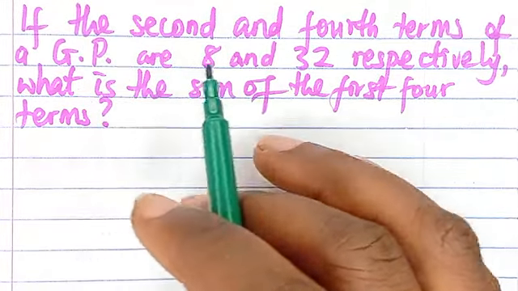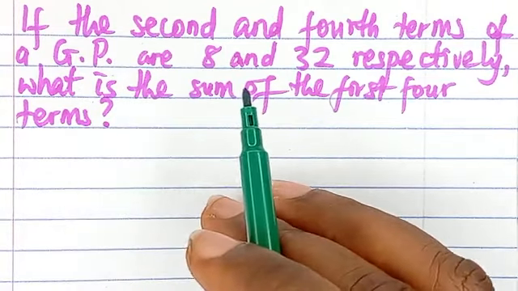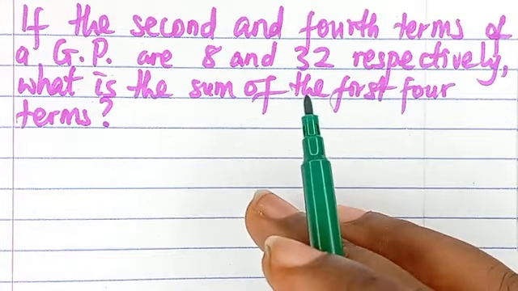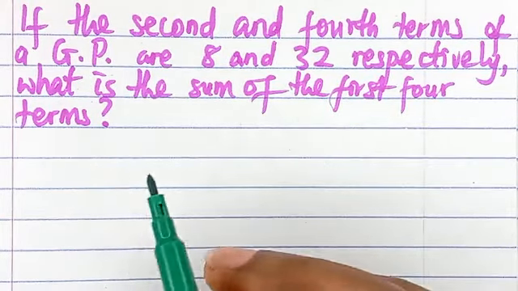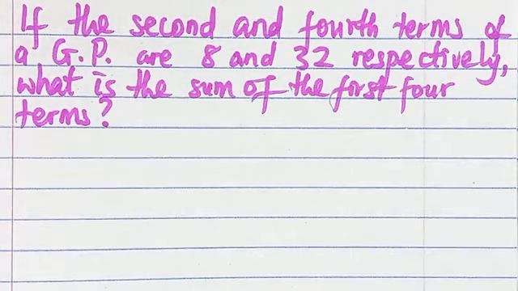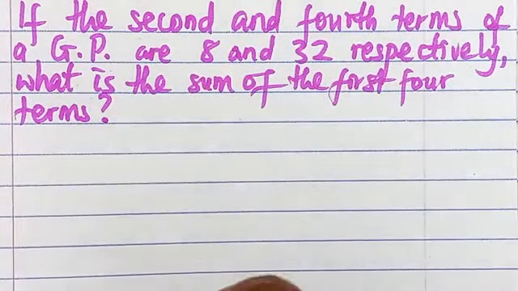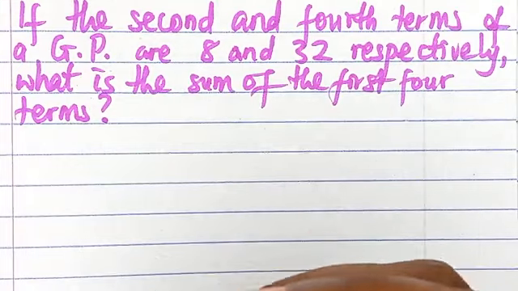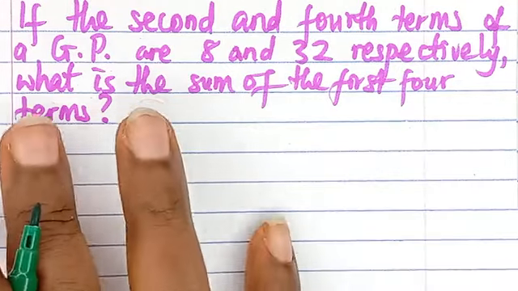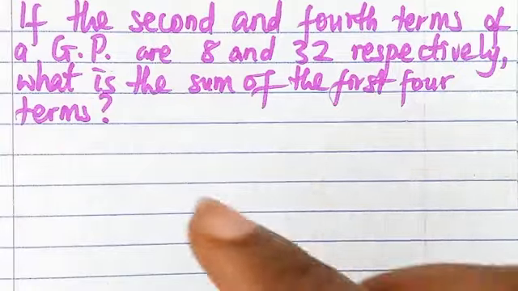Okay, if the second and fourth terms of a GP are 8 and 32 respectively, what is the sum of the first 4 terms? Okay, so whenever you're faced with a word problem or any question, you write out your parameters first. The parameters will always clarify what to do. The second and fourth terms are 8 and 32 respectively.